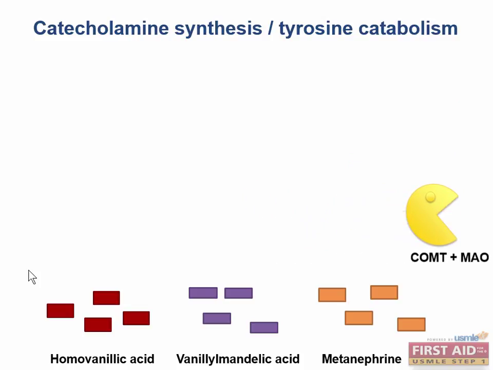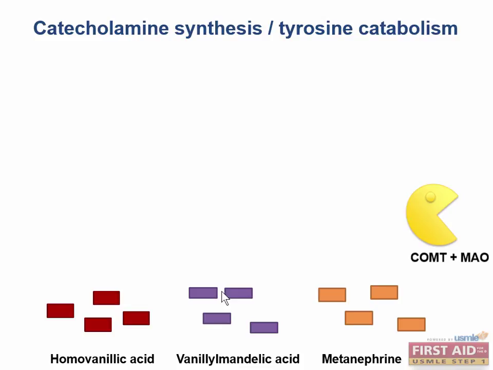One disease is going to use these breakdown products as a measure of catecholamine production. A pheochromocytoma is a tumor of the adrenal medulla chromaffin cells that produces high amounts of catecholamines into the bloodstream. You can use the lab values of these breakdown products to help diagnose a pheochromocytoma. This disease is going to be discussed more in detail later on in the organ systems.